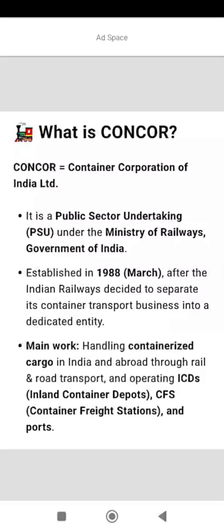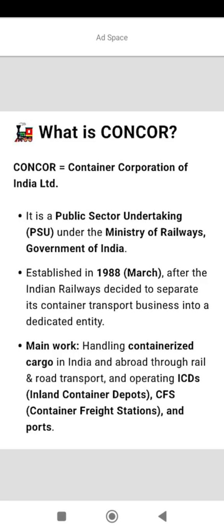This was totally owned by government, but in 2017 or in the Corona era, the government decided to make it private, but it is still a public sector undertaking. Under the Ministry of Railways, Government of India, established in March 1988, after the Indian Railways decided to separate its container transport business into a dedicated entity.